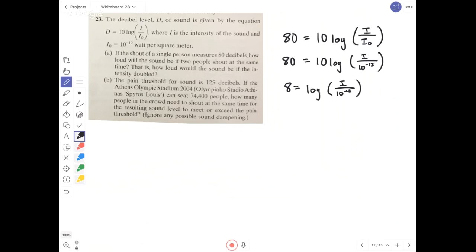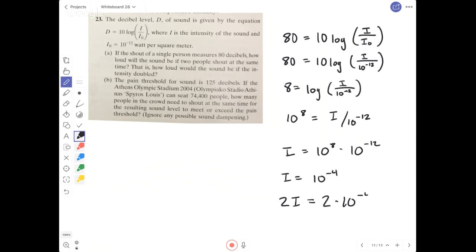So 10 to the 8th equals I over 10 to the negative 12th, which means I equals 10 to the 8th times 10 to the negative 12th, so I equals 10 to the negative 4. So that's the intensity of one person shouting. How loud will the sound be if two people shout? So 2I equals 2 times 10 to the negative 4.